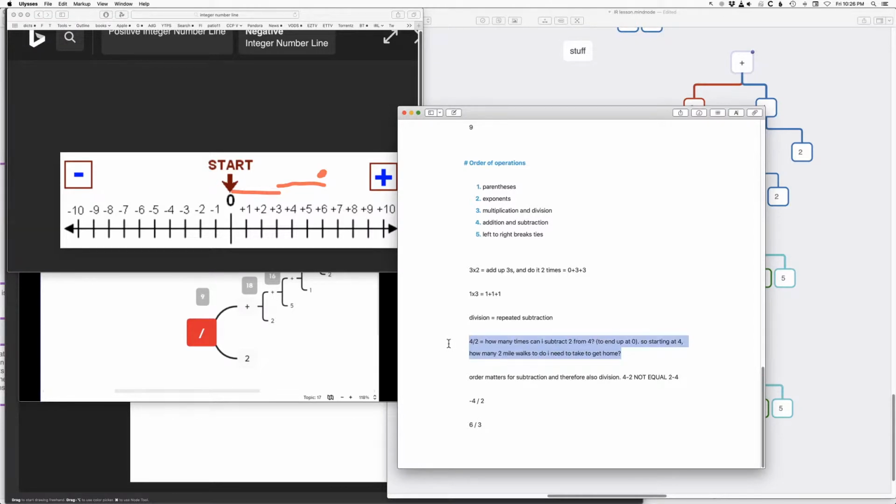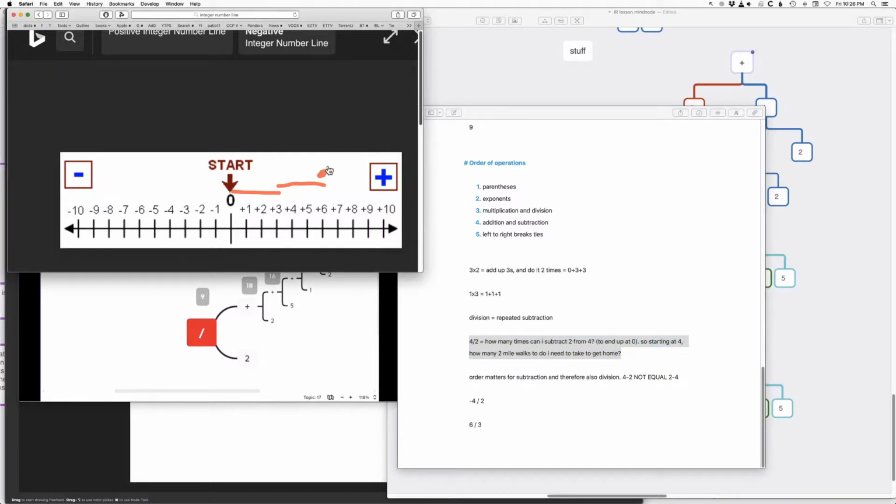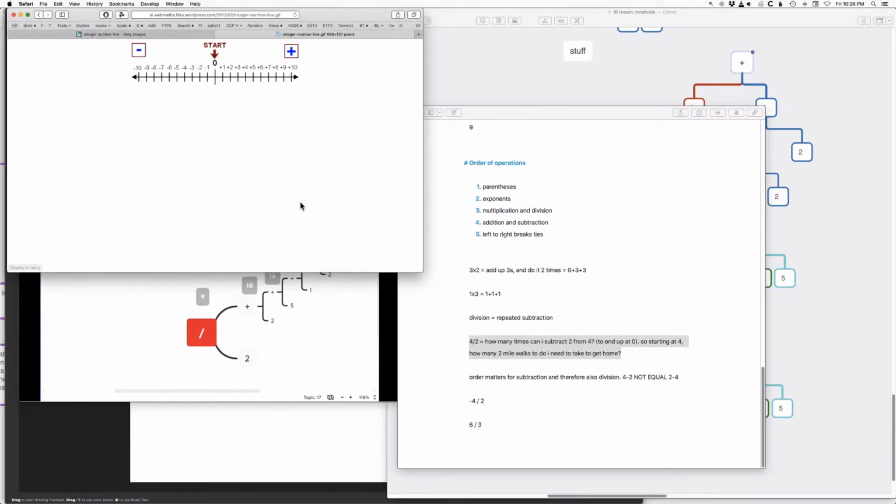How many times can you subtract 3 from 6? You can do it 2 times. Yep, or it's the number of walks to get home. There were 2 walks, so it's 2.